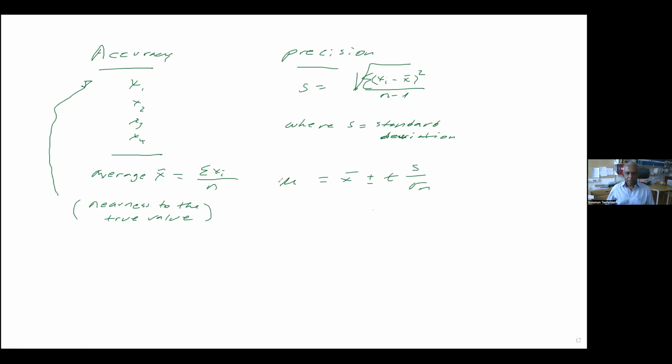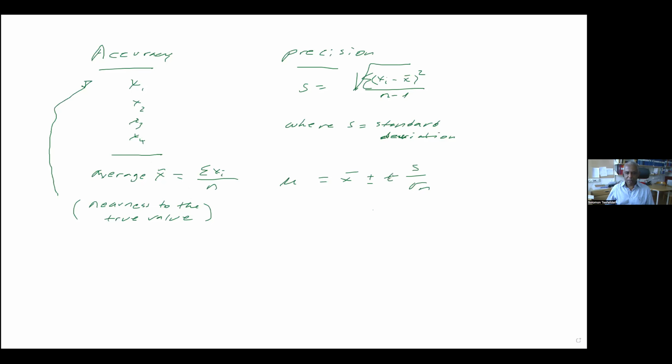And here, the mu is the true value, the value of the population. If we had done, for example, 1,000, 2,000, or many measurements, then we will come close to the true value. This is the mu. And this is our average which we got from here.